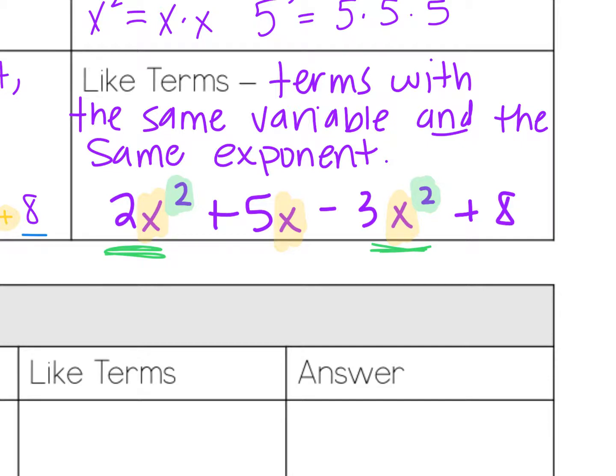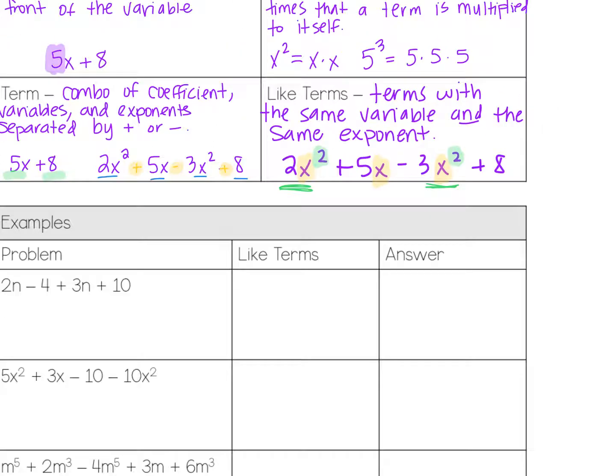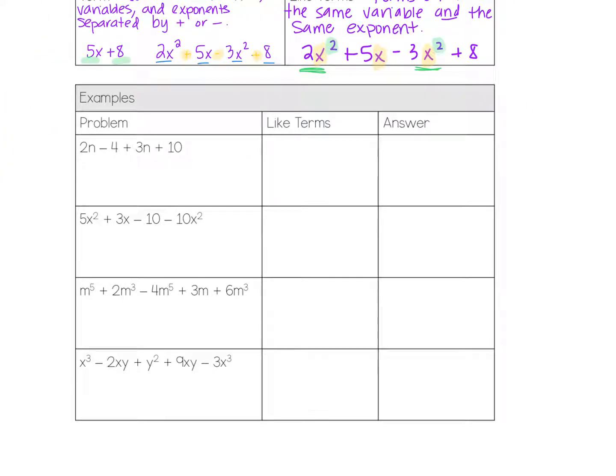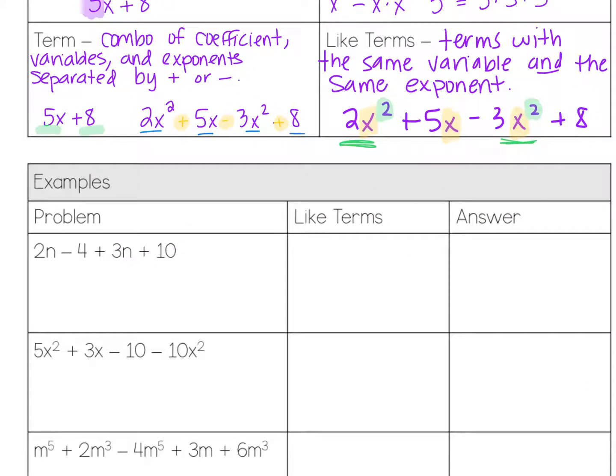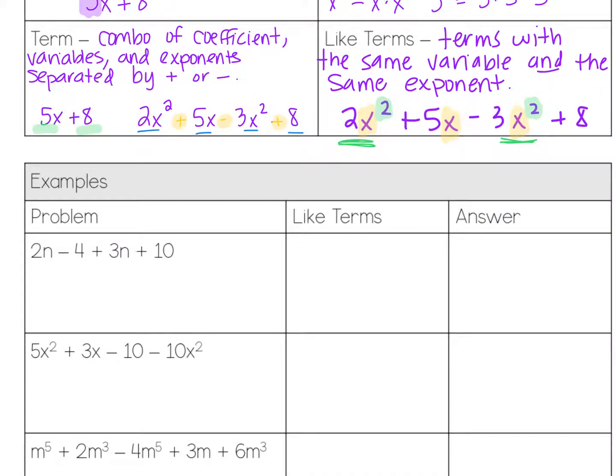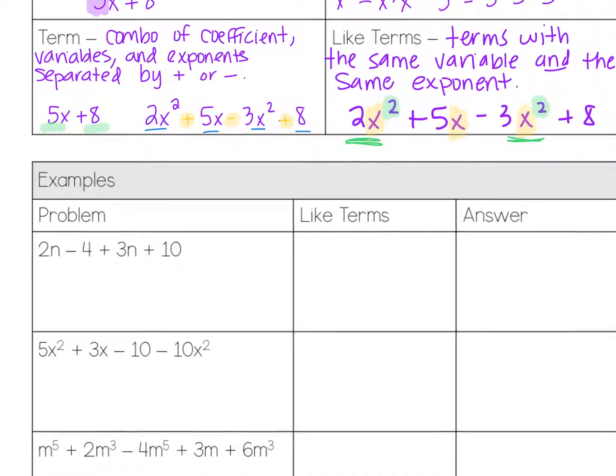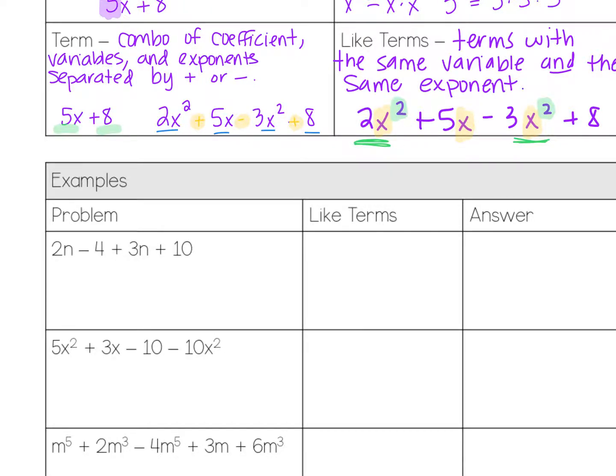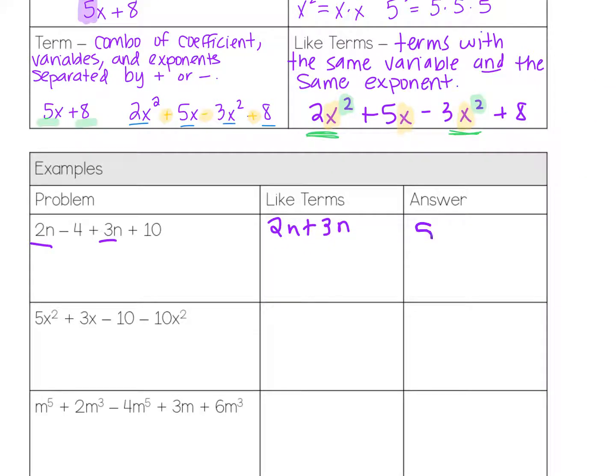Let's look at the examples that are there at the bottom of the page. We have 4. So the first problem says 2n minus 4 plus 3n plus 10. So I want it to have the same variable. This has an n, and the third term has an n. So those are going to be my like terms, 2n plus 3n, which will give us 5n.